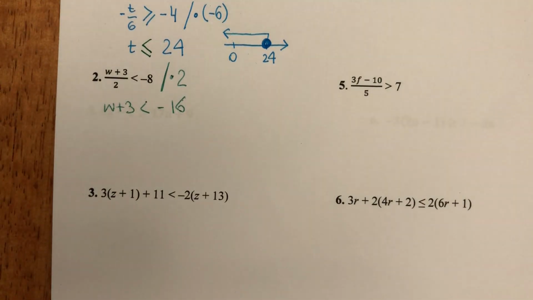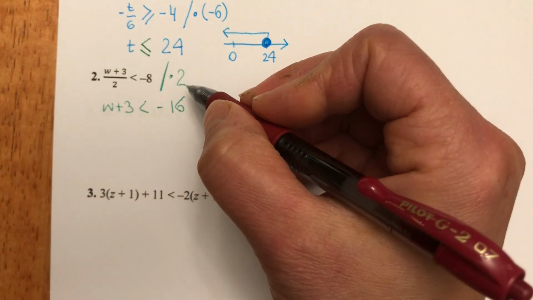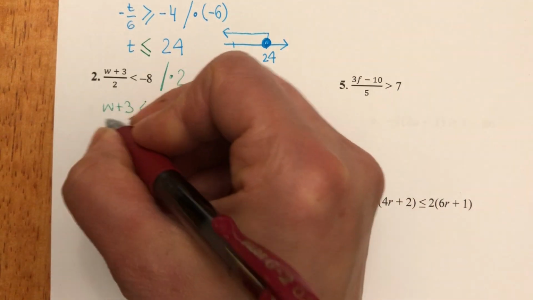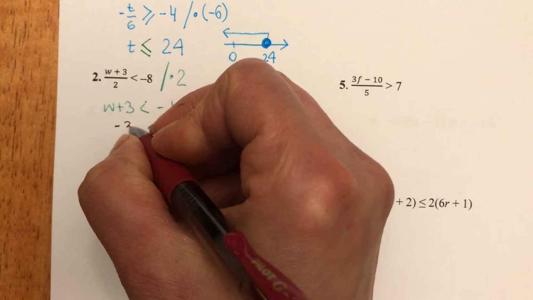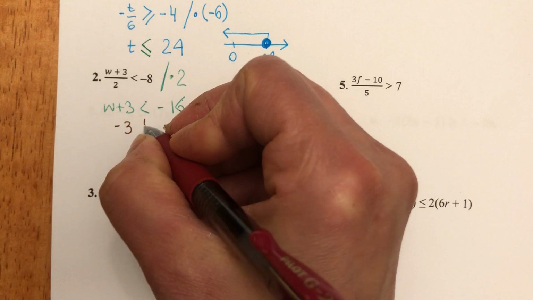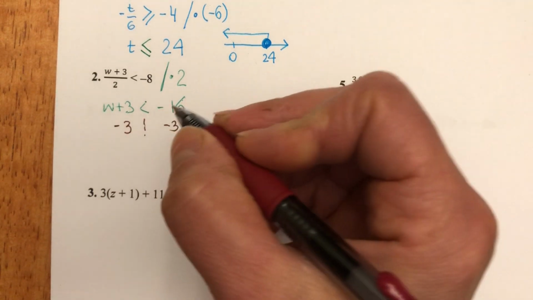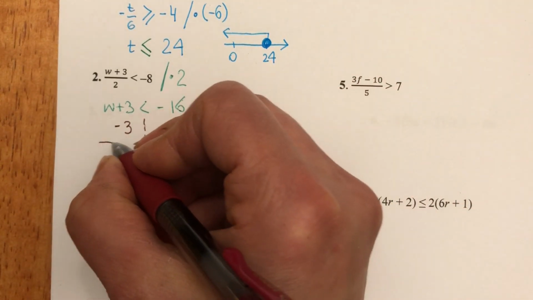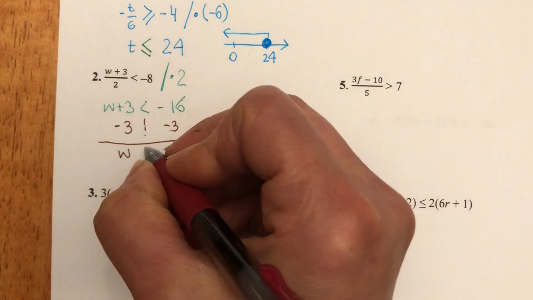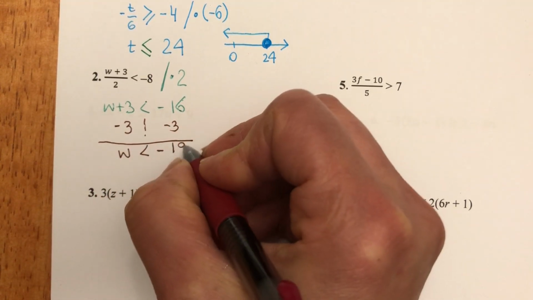Notice I did not switch the sign because I multiplied by a positive number. I need to get my variable by itself, so I'm going to subtract 3. Whatever I do to one side of the inequality sign, I need to do to the other side as well. W is less than -19.